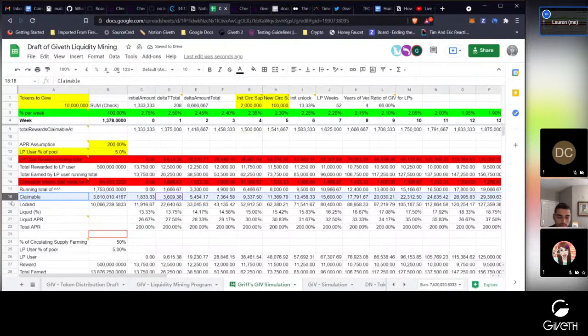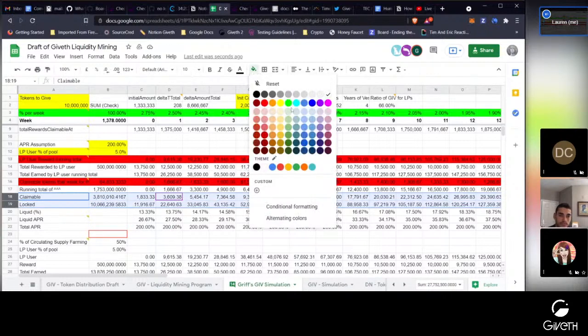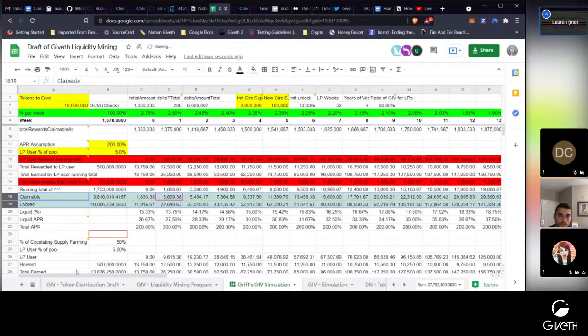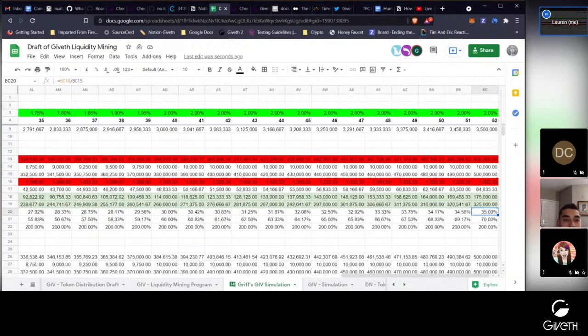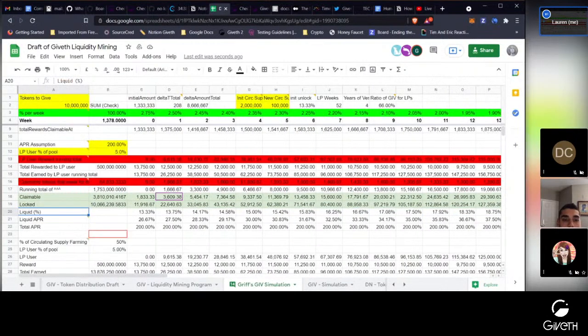So these are real. And then we have this liquid percent, which looks real. After a year, it gets to 35%. That's about right. And then we get the liquid APR.